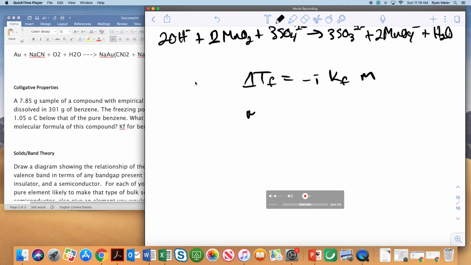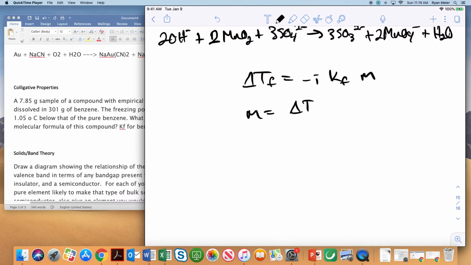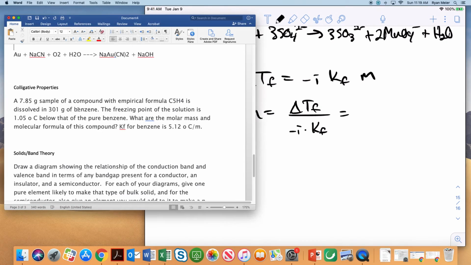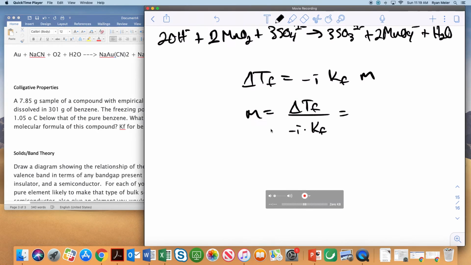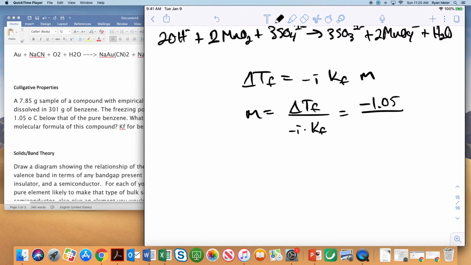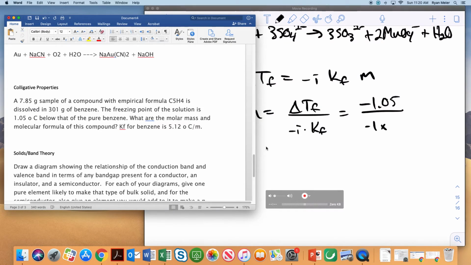Right? And so our molality is going to equal the change in the freezing point over negative i times Kf. The change in the freezing point they said was 1.05 below, so it's negative 1.05 divided by negative 1 times our Kf that they gave us, which I think was 5.12. Yep, 5.12.